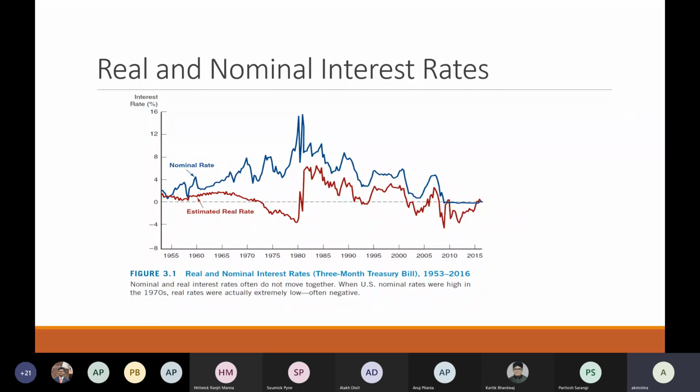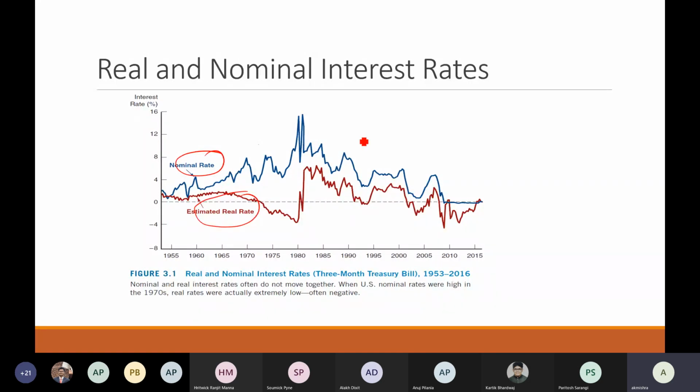Now, this is something that will tell you the current scenario. In the previous slide, I also showed you the scenario of Indian investment, and this is from the US. So you can see over a period of time the nominal interest rate and how the estimated real interest rate has gone up.